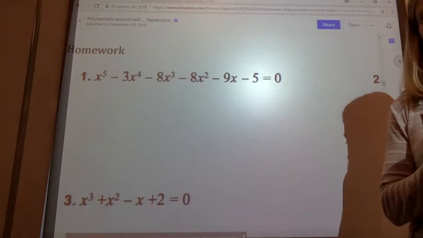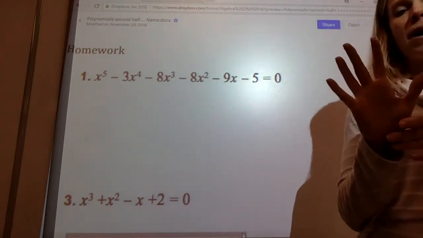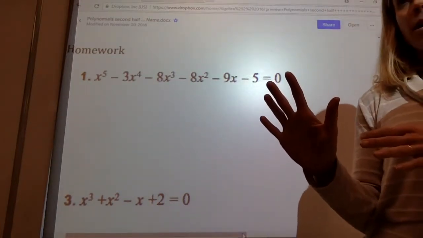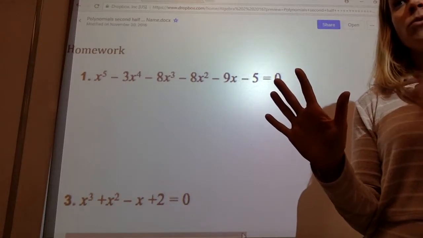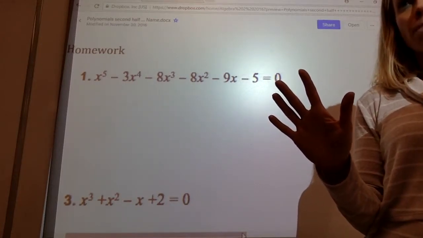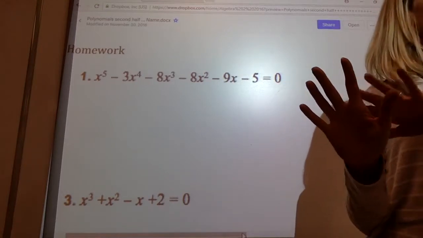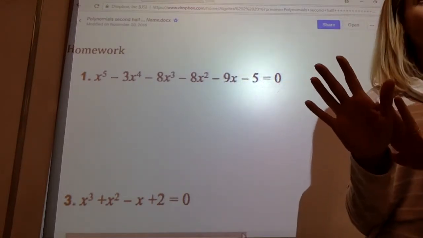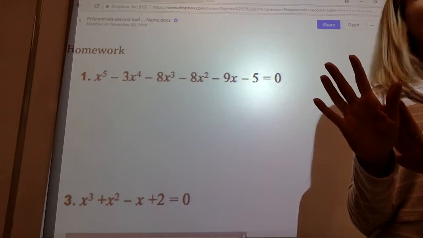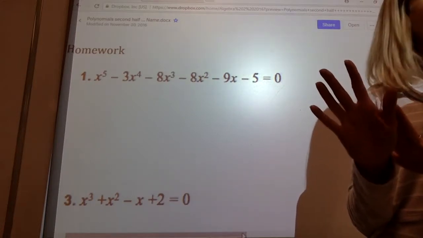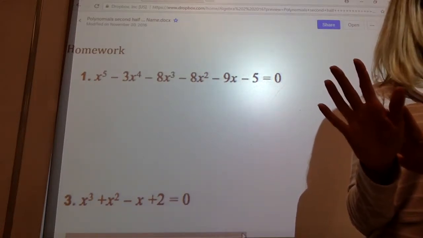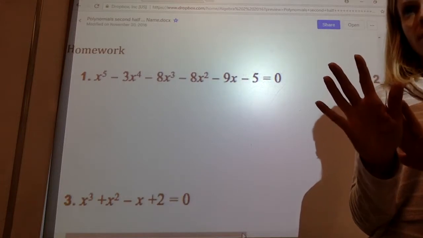5. Okay, so let's think about this. If I have 5 roots, every time you do synthetic division with a root, it brings it down by 1 degree. So if I know it's a 5th degree polynomial and I need it down to a quadratic, how many roots should I find? 3.